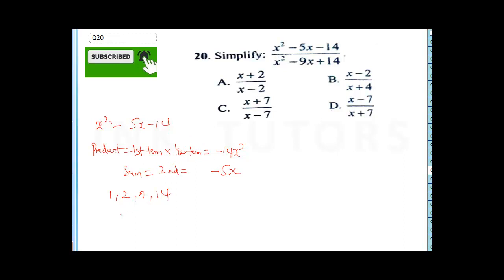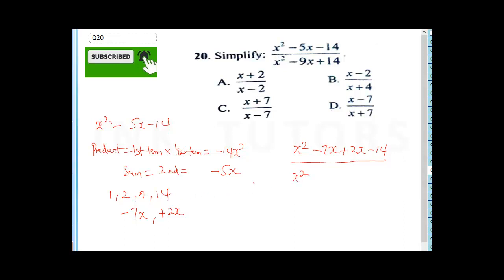So I think I'll take minus 7x and plus 2x. Now if you multiply these two, it will give you minus 14x squared, and if you sum them, it will give you minus 5x. So that gives me x squared, and instead of writing minus 5x, I'll now write minus 7x plus 2x minus 14, all divided by, same thing applies to the denominator, x squared.